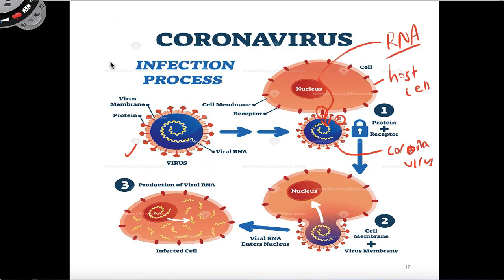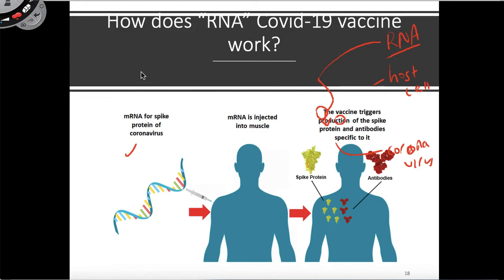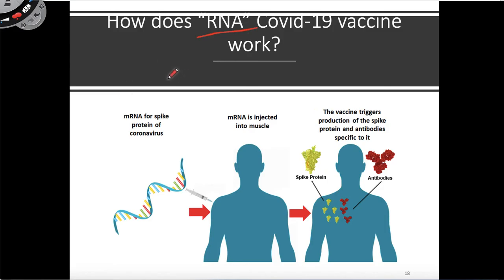So luckily, we do have a vaccine now for COVID-19, and there are different types of approved vaccines right now. The RNA vaccine, which is the vaccine that was developed by companies known as Moderna and Pfizer, works a little bit differently than the attenuated virus vaccine.